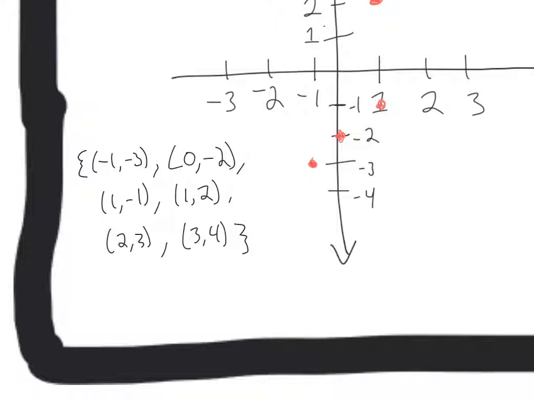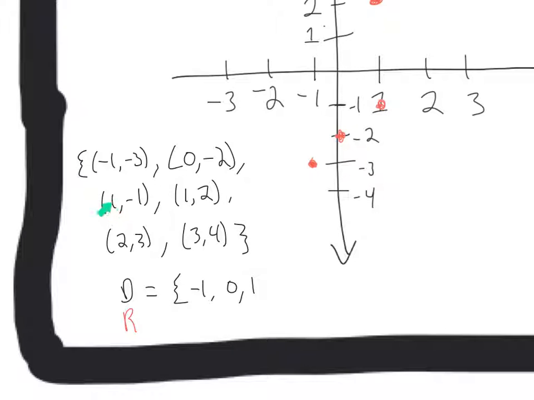Okay, now we have this set of points, and we can go ahead and break that up into the domain and range. I've been using black for domain and red for range. So domain has all of the elements of -1, 0, 1.